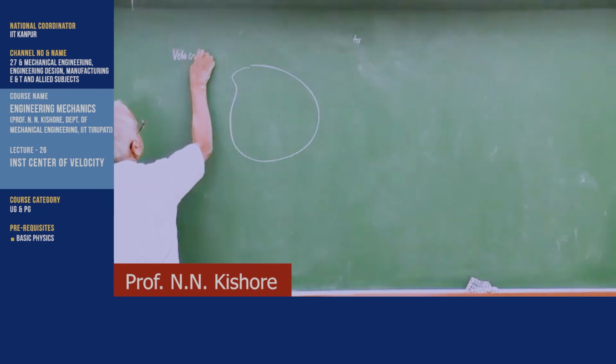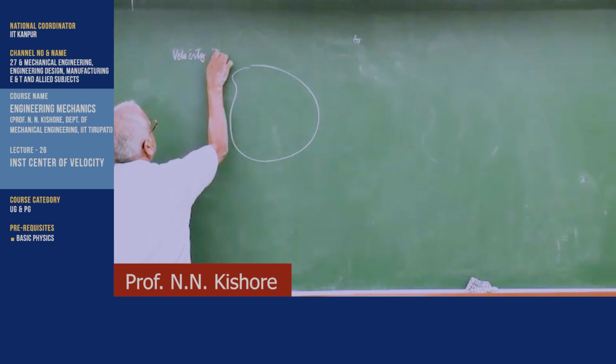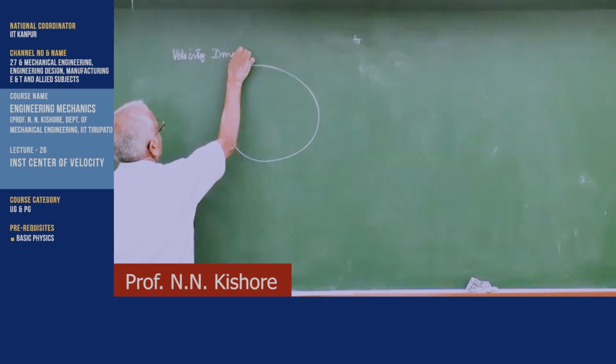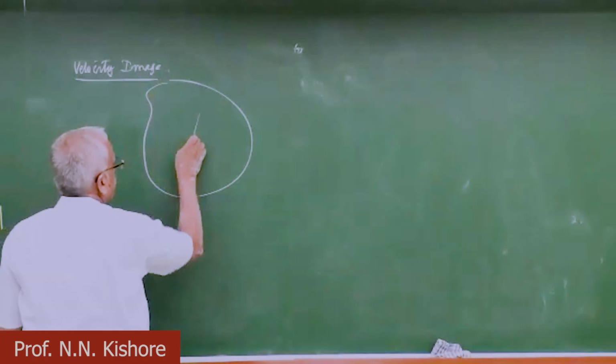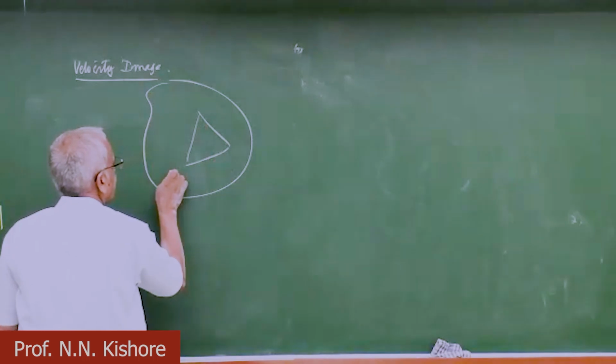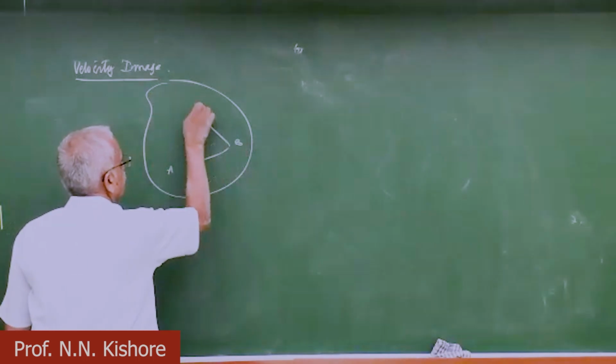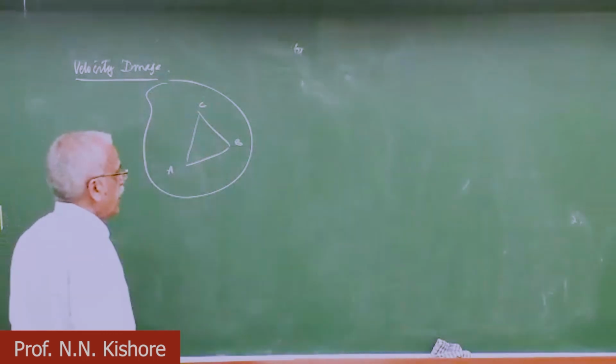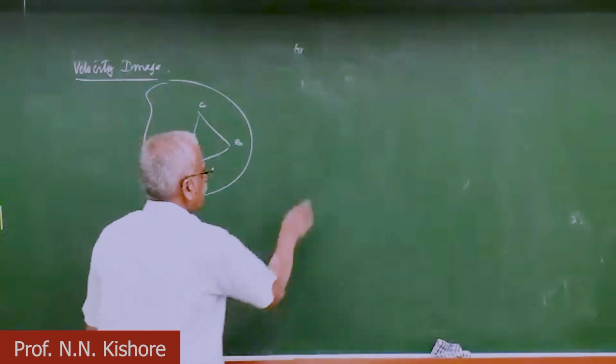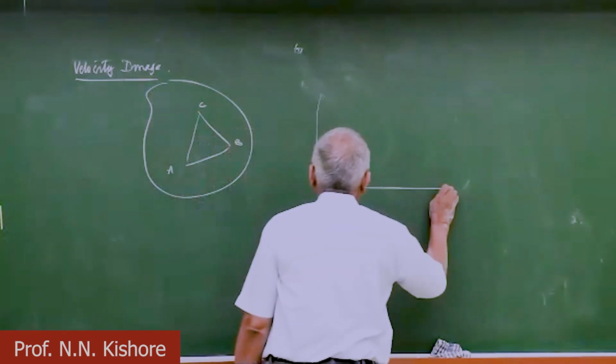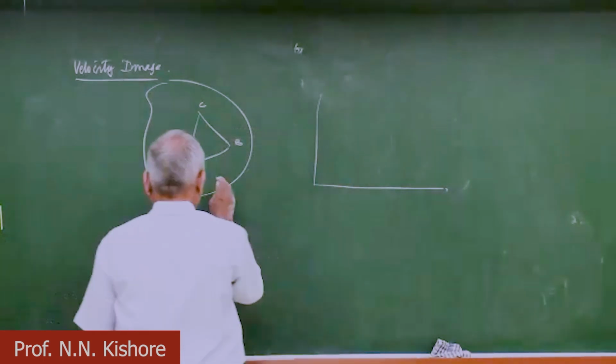So, velocity image, what do we mean by this? If I have, say, 3 points, let us say A, and I know the velocity here.